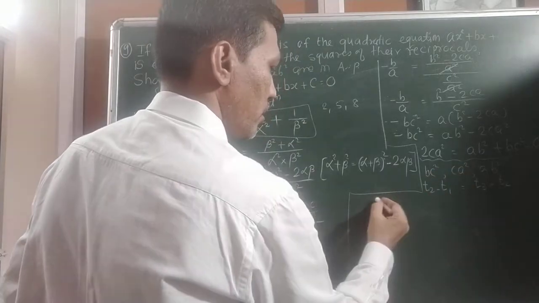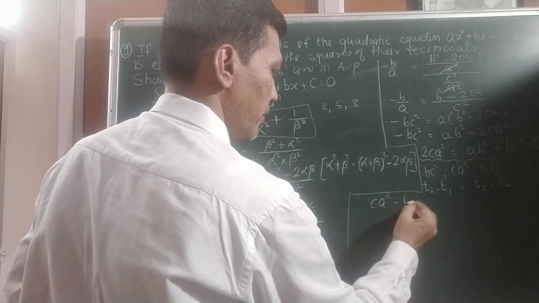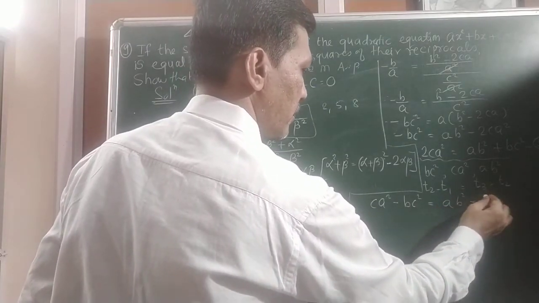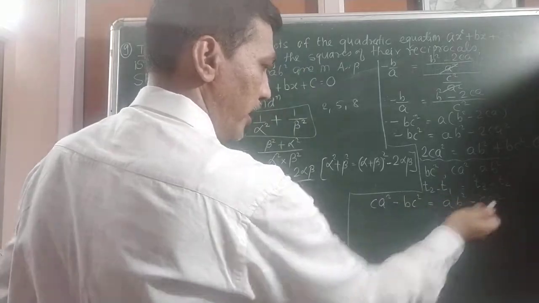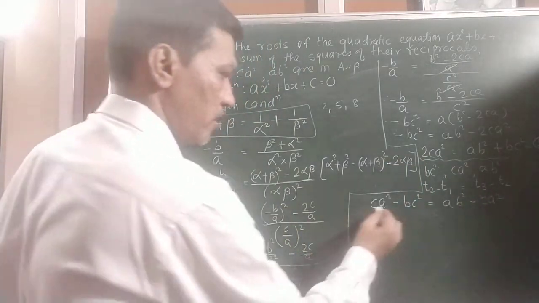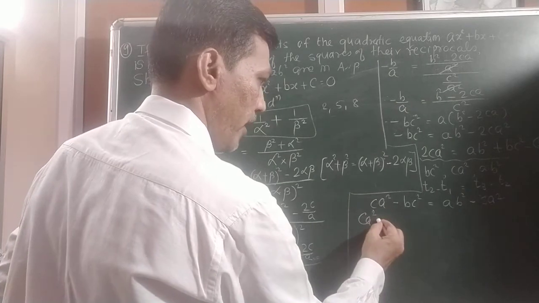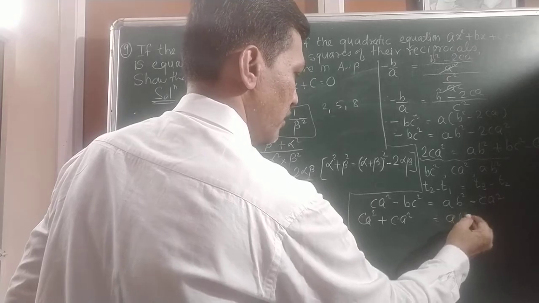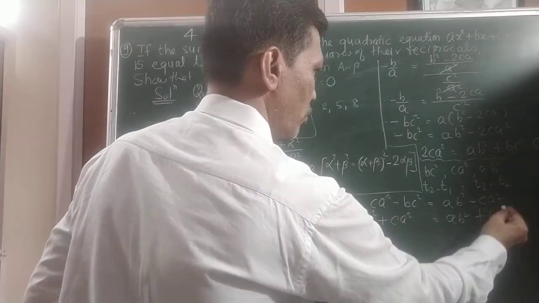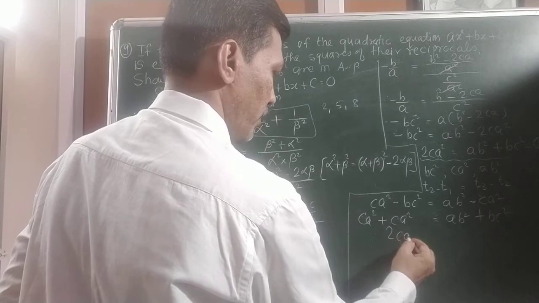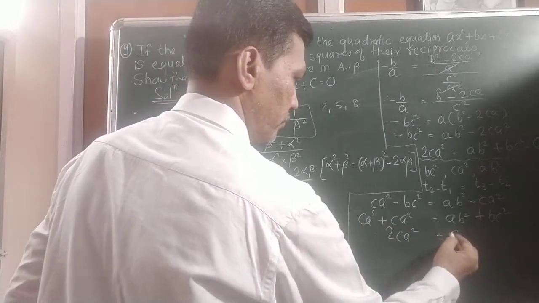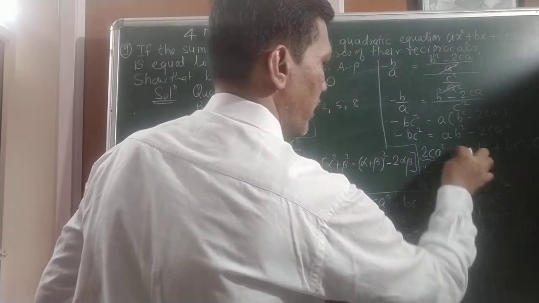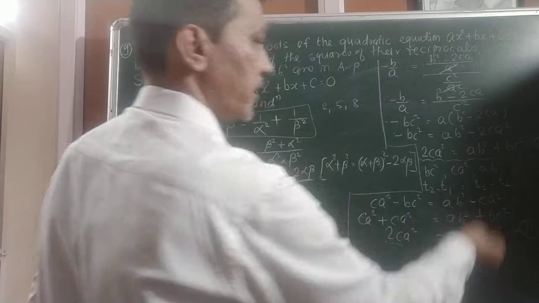So ca square minus bc square is equal to ab square minus ca square. Now take like terms to one side: ca square plus ca square, that is 2ca square, equals ab square plus bc square. So yes, statement number 1 and statement number 2 are both equal.